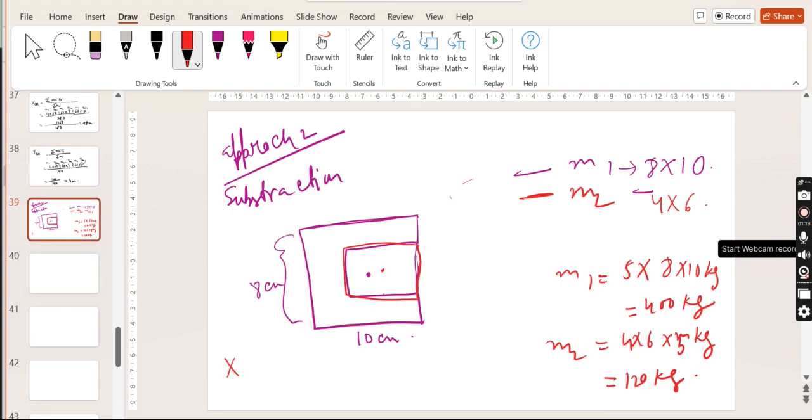It is 6, so 3 and 4 here. So X CM1 would be 5 centimeter, Y CM1 would be 4 centimeter. X CM2 we can see is 3, but here it is 4 plus 3, 7. The coordinate will be 7 centimeter, and the same for Y, 2 plus 2, 4 centimeter.